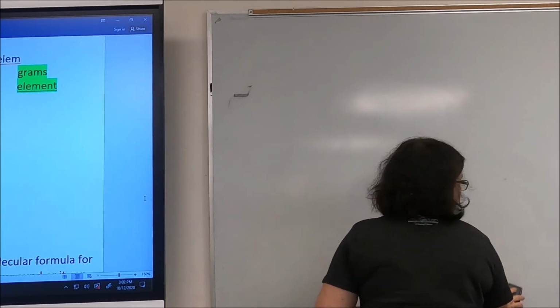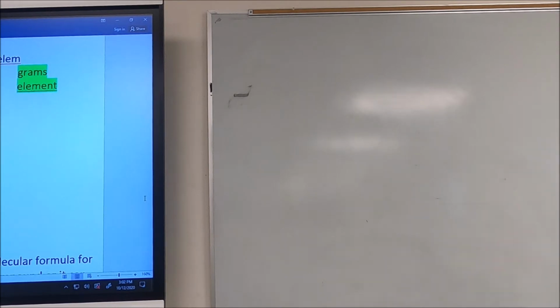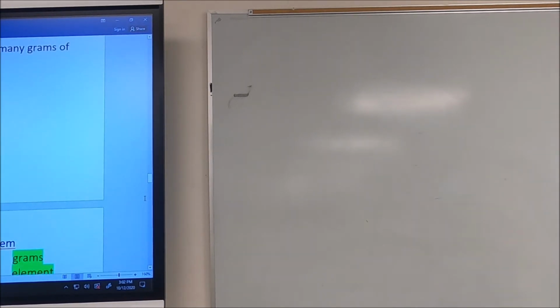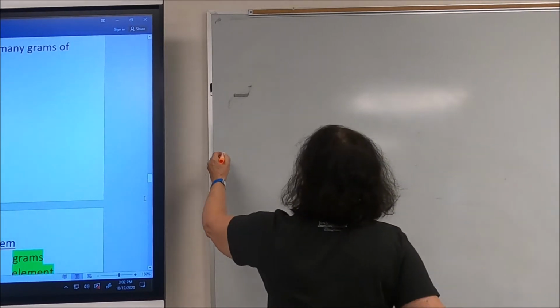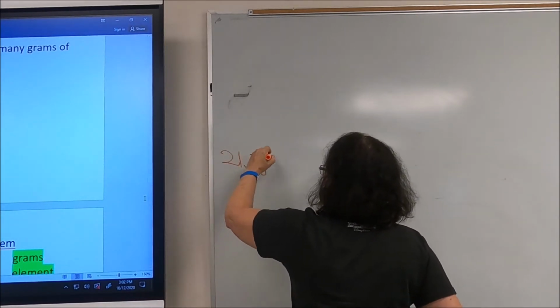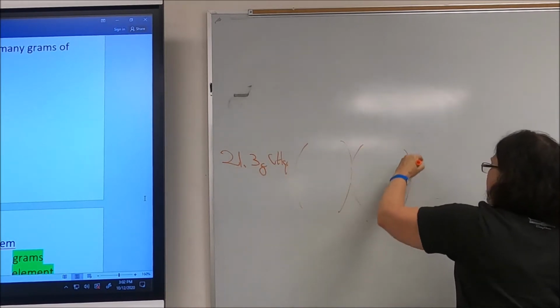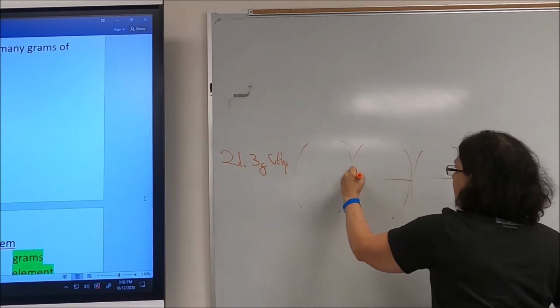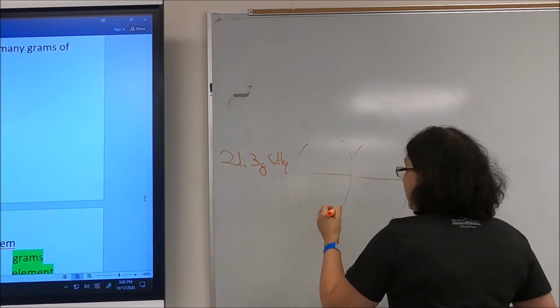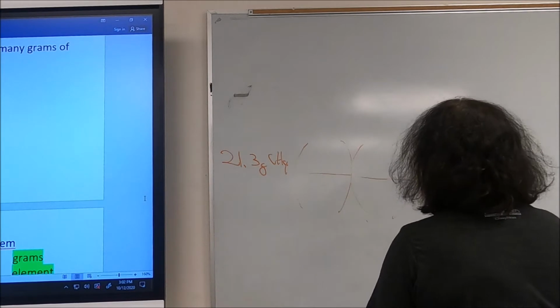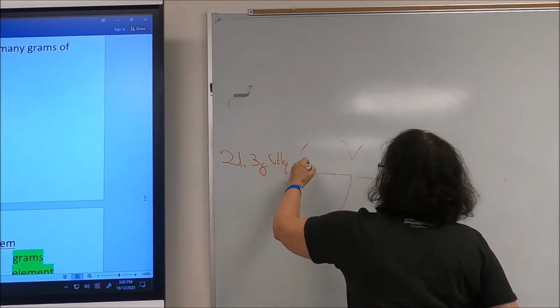So we were starting out with 21.3 grams of methane. It's going to take us 3 steps. Following our bouncing ball, the first thing we're doing is going from grams of methane to moles of methane.